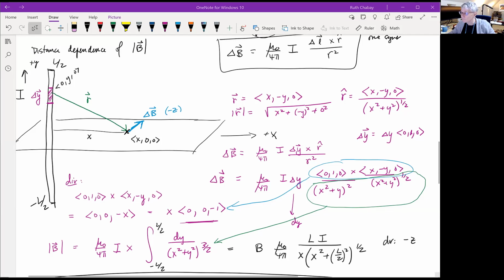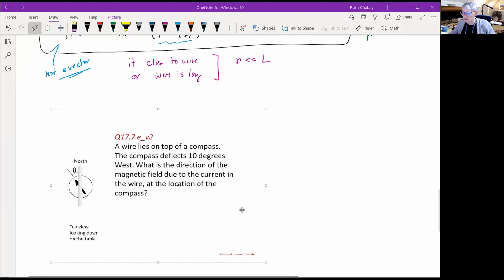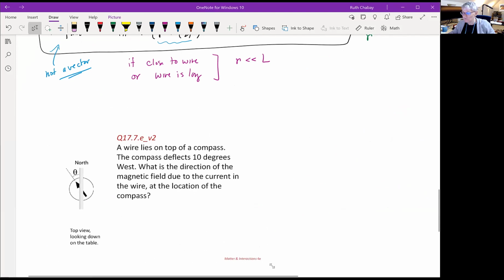Okay, so let's see if we can actually figure out a distance. Is that the question I want, or do I have one that actually has? Okay, so here are the answers. 1 is plus x, 2 is minus x.